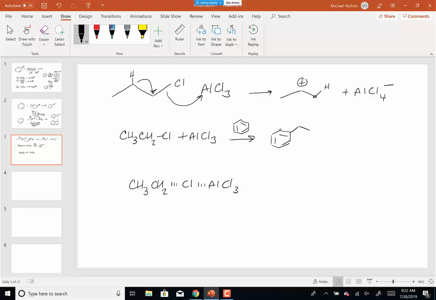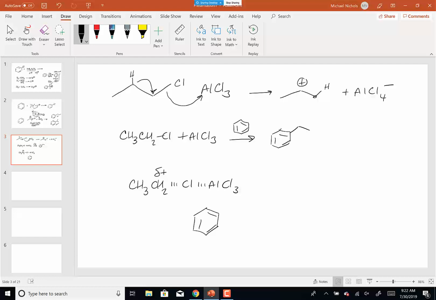As the aluminum pulls the chlorine off, this carbon is going to get more and more delta positive. There's going to be a point at which that carbon is delta positive enough to then add into the benzene ring.